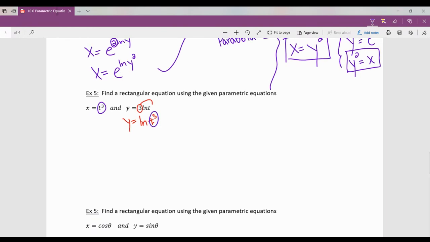I can substitute in not just for the t, but for t cubed with x. So I can write it as y equals ln, not of t cubed, but of x. And now it's all in terms of x's and y's, no t's, done and done. Okay, and that's it.